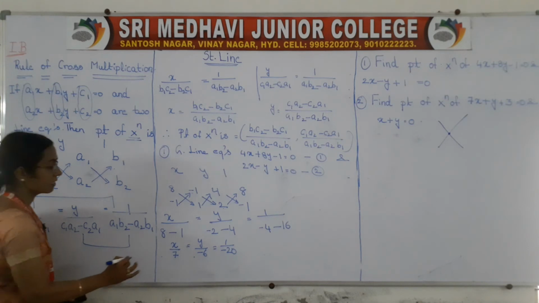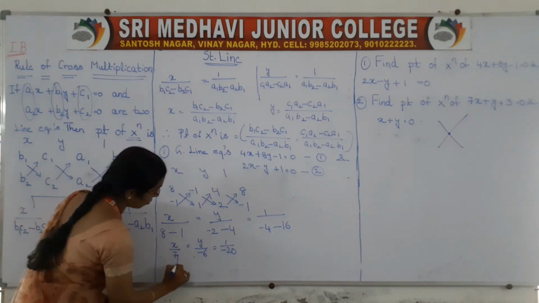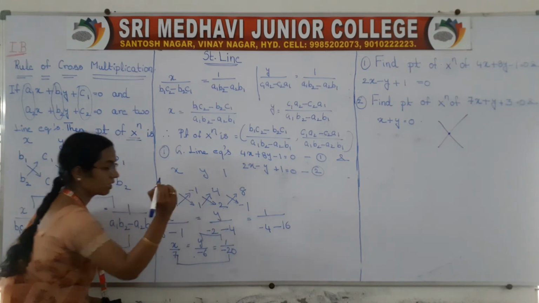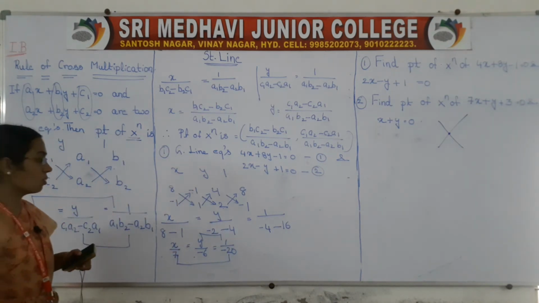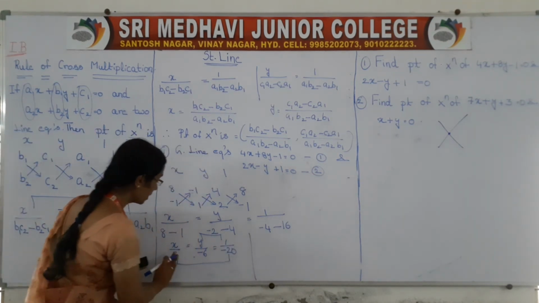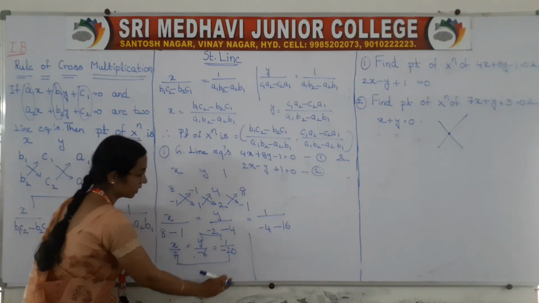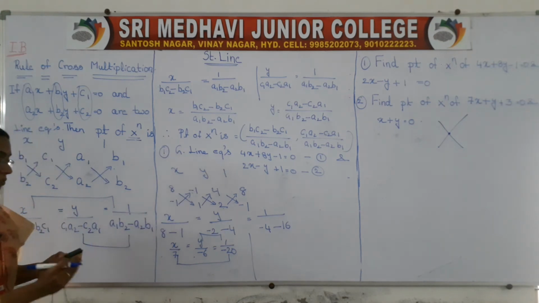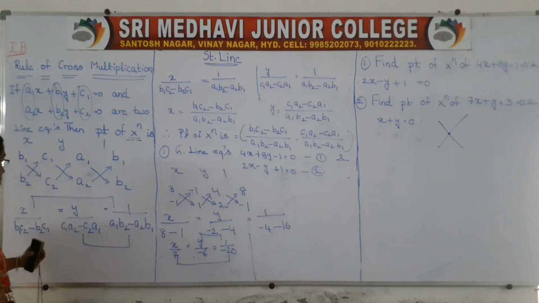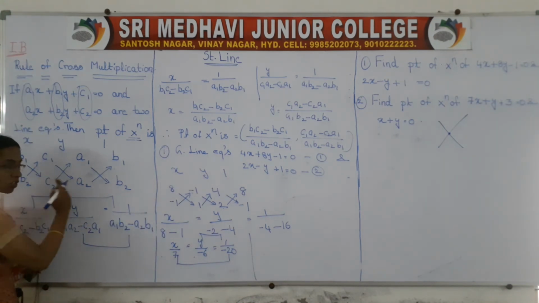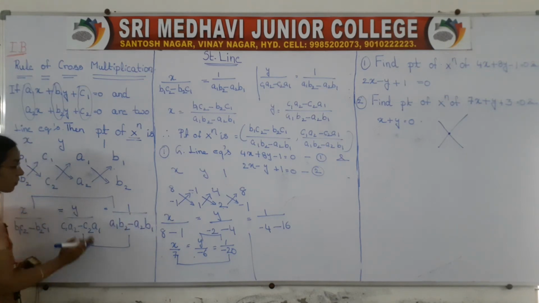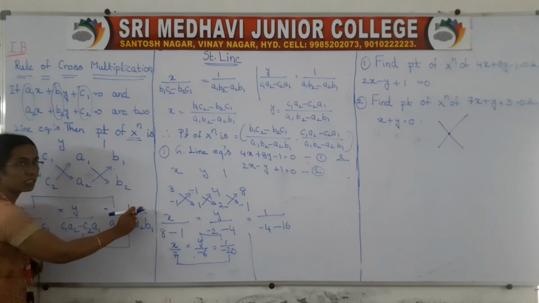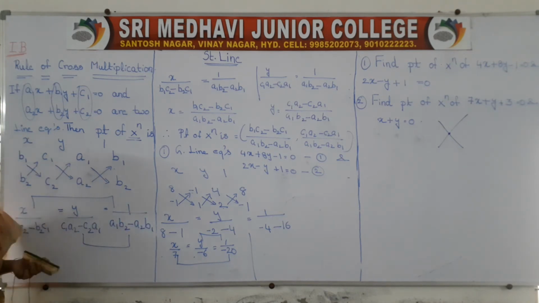After that, I said, once you equate these two, one time we have to equate the x term and the constant term, next the y term and the constant term, so that we can get our x value. Once you equate the x term and last term, the y term and last term, this is constant, so we can get our x and y values.